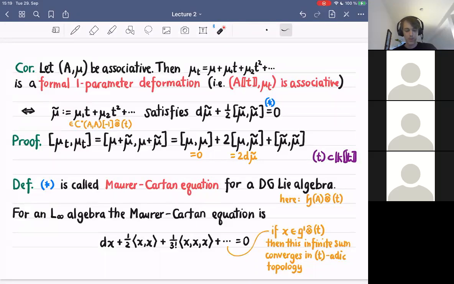But if you work with formal deformations, then this infinite sum converges in the t-adic topology. So at each power of t, there's only finitely many terms, because whenever you have a single x, you get at least a single power of t.